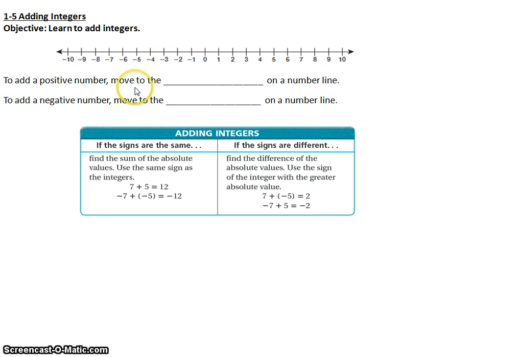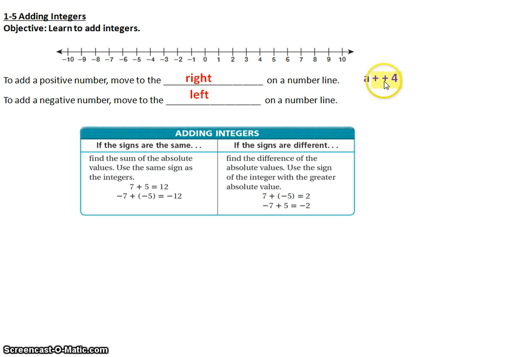To add a positive number, move to the right on a number line. To add a negative number, we move to the left on a number line. Now let's go back to this first statement. To add a positive number, move to the right on a number line. An example of that would be a plus a positive 4.